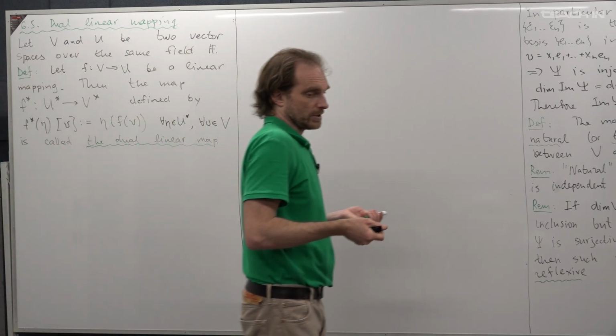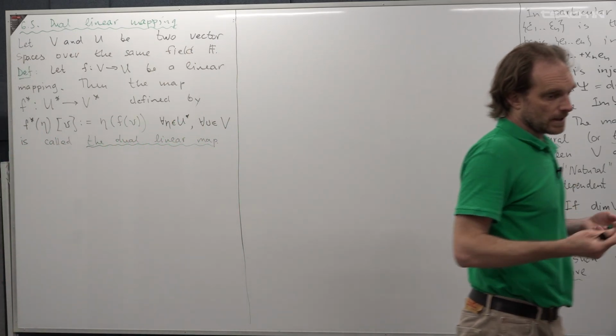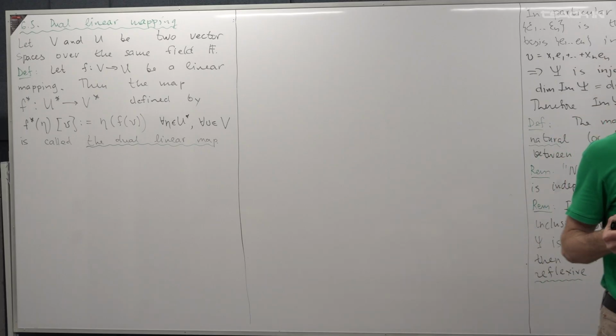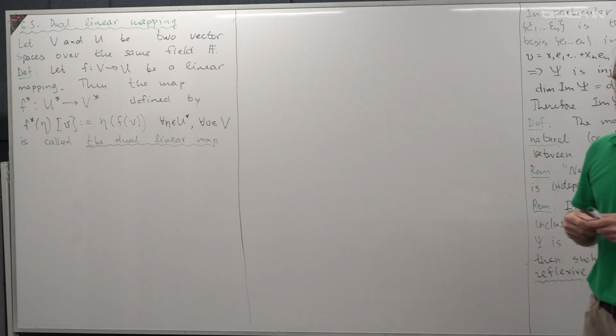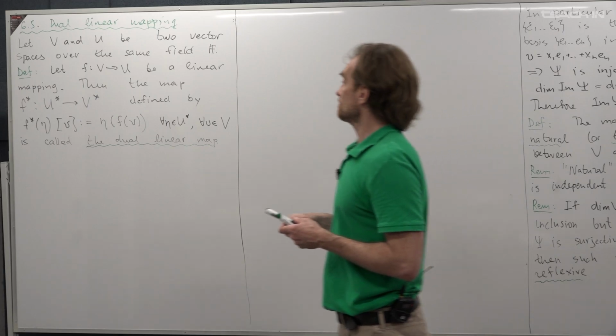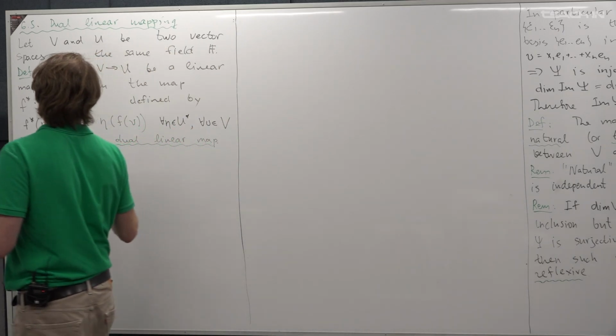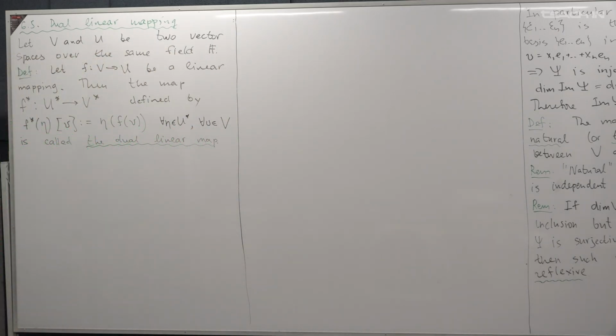And note that this formula is also kind of universal, so it does not require choosing any basis or whatever. It is just some formula that can be written down without any choice of a basis.